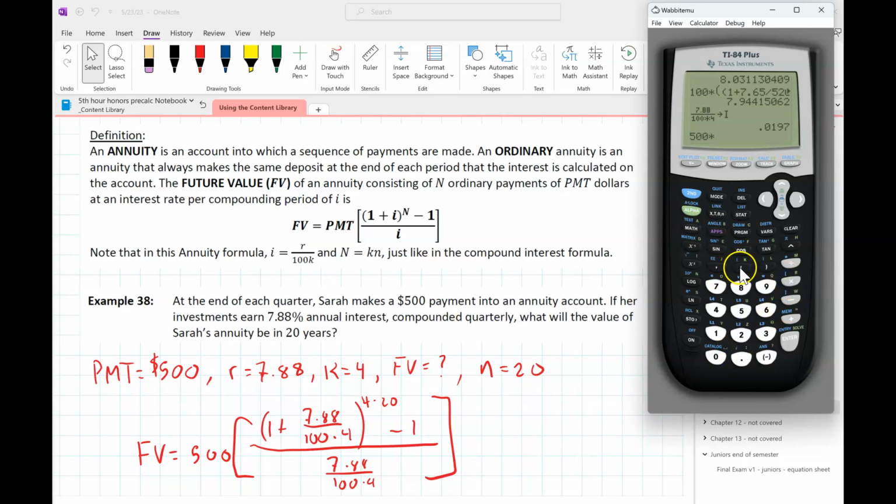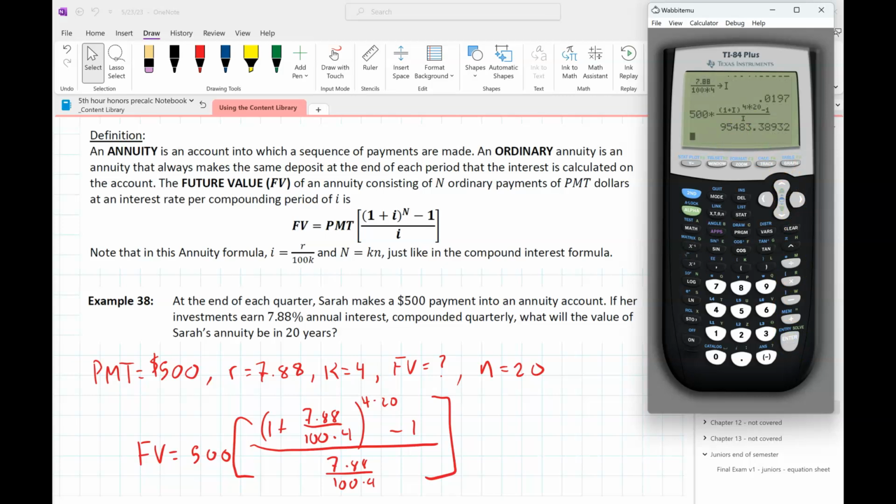I am still going to use the fraction command here, but I'm going to just have 1 plus I, to the 4 times 20. Don't forget your minus 1. It's easy to do that. Over I. And then I can avoid having the fractions inside of fractions by doing it in 2 steps there.